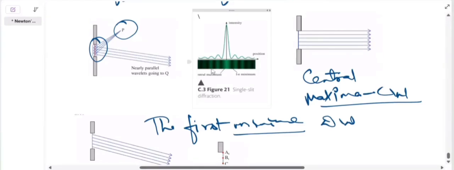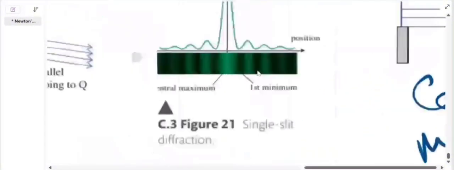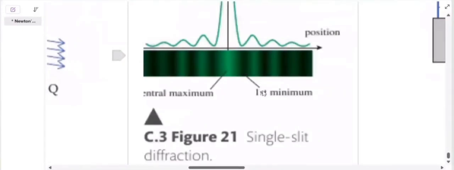Then here the first maxima, second maxima, third maxima. In between, the dark fringe. First minima, can you see? See this dark point. This is the first minima. This is the central maxima. This is the left extreme maxima. This is the right extreme maxima. Understanding or not? The picture.